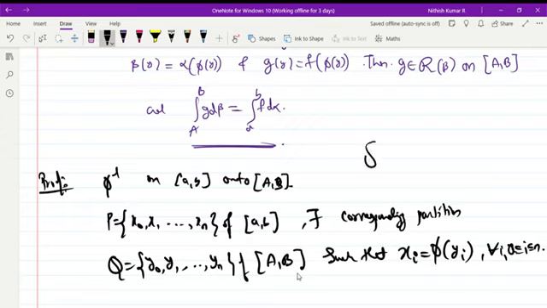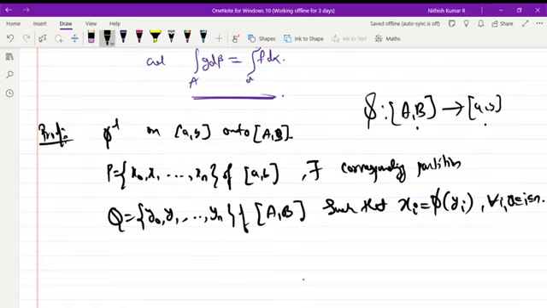That is for each xi. My phi function is from the closed interval capital A comma B to the closed interval small a comma b. So for each xi I am considering one yi.